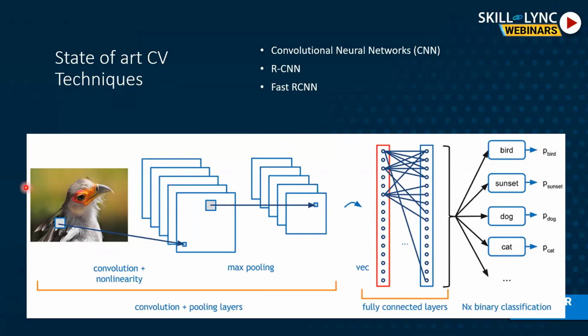And here we have an image, and we have some layers. We call them pooling layers. This image could be a big image. Suppose this image is 100x100.